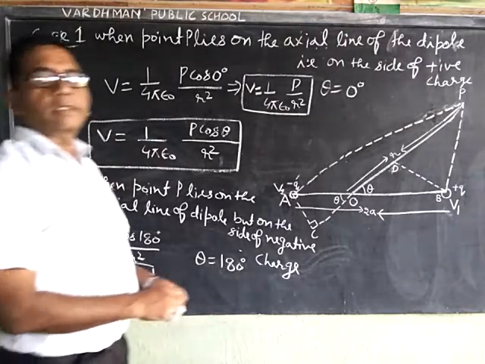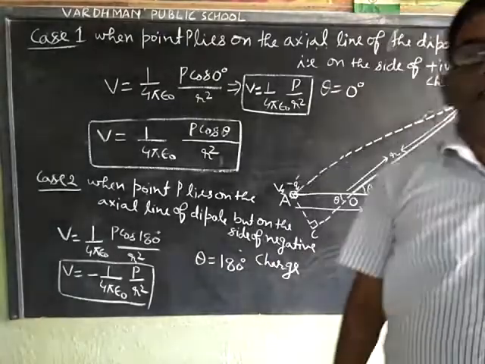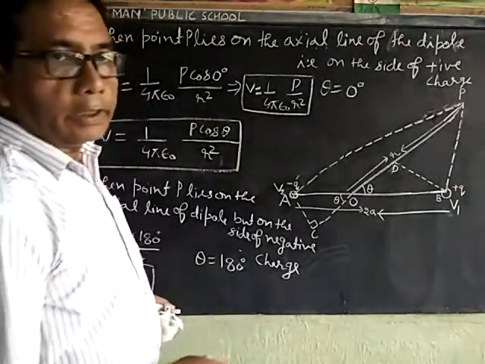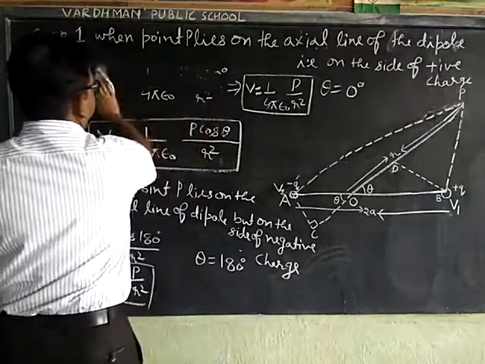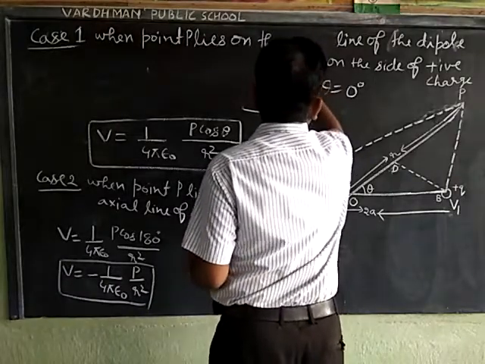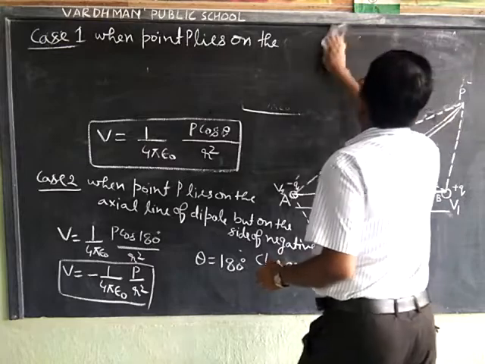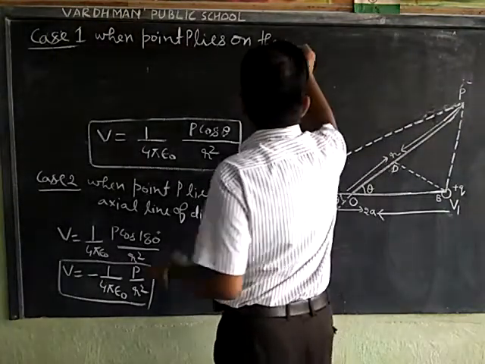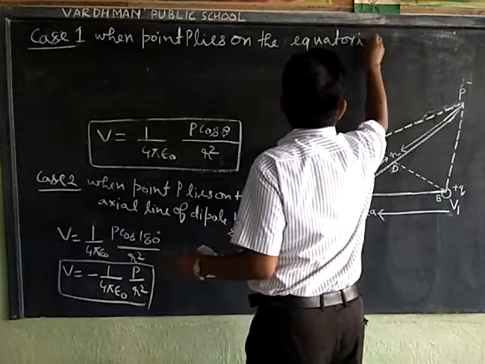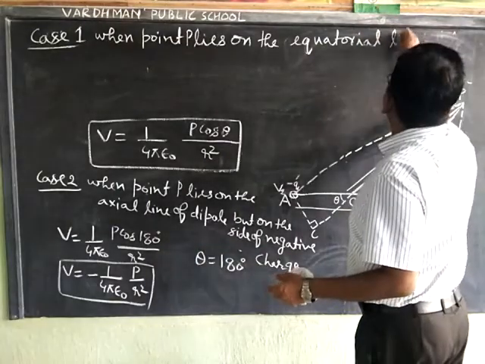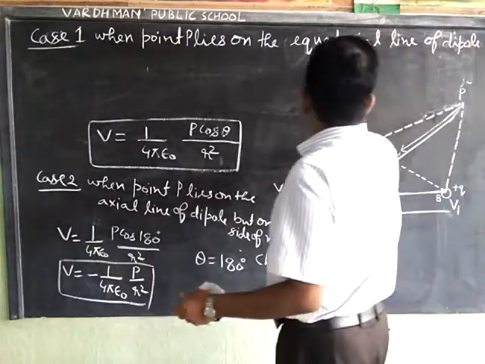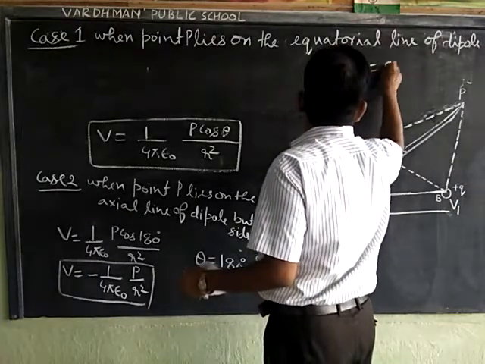Now we will take the third case, when point P lies on the equatorial line of the dipole, that is theta is equal to 90 degree.